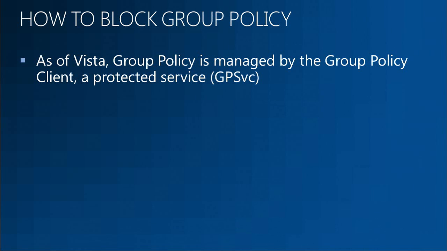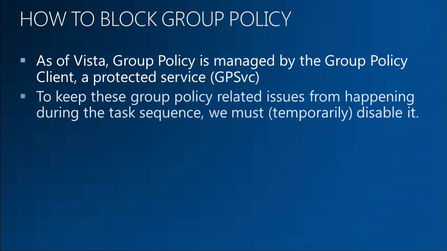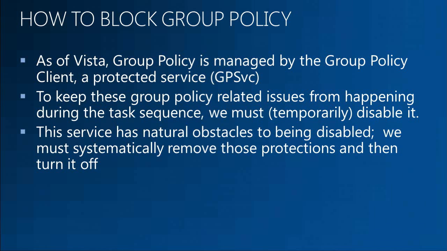So you want to be able to temporarily turn off the group policy processing service. And because it is a protected service, it has some natural obstacles. They don't want you messing with these services.